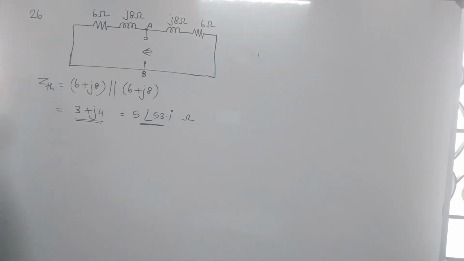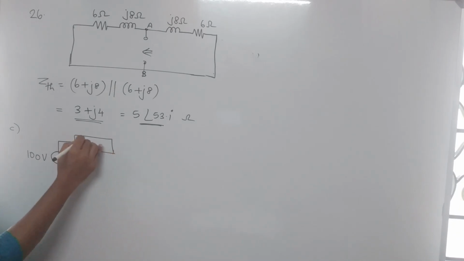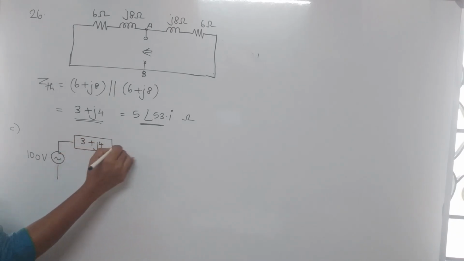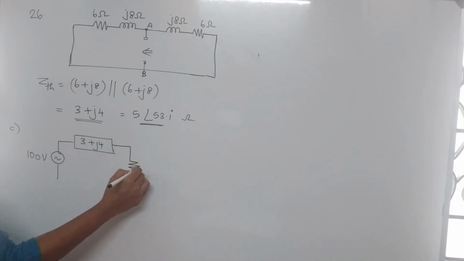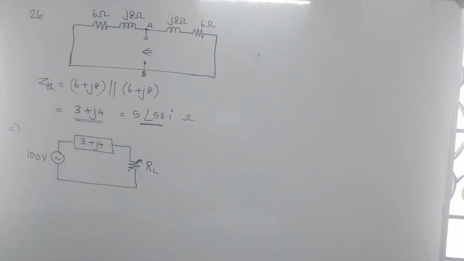So once we get VTH and ZTH, we can draw the circuit. VTH is 100 volt. ZTH is 3 plus J4. The load was a resistive load. So what will be the value of RL?